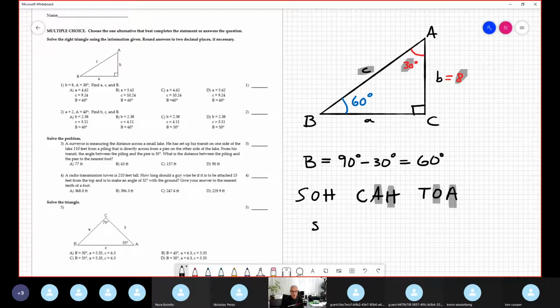The cosine of 30 degrees is the ratio between the adjacent, which is 8, divided by the hypotenuse, which is C. Okay, I apply cross multiplication. Therefore, C alone is equal to 8 divided by cosine 30 degrees.